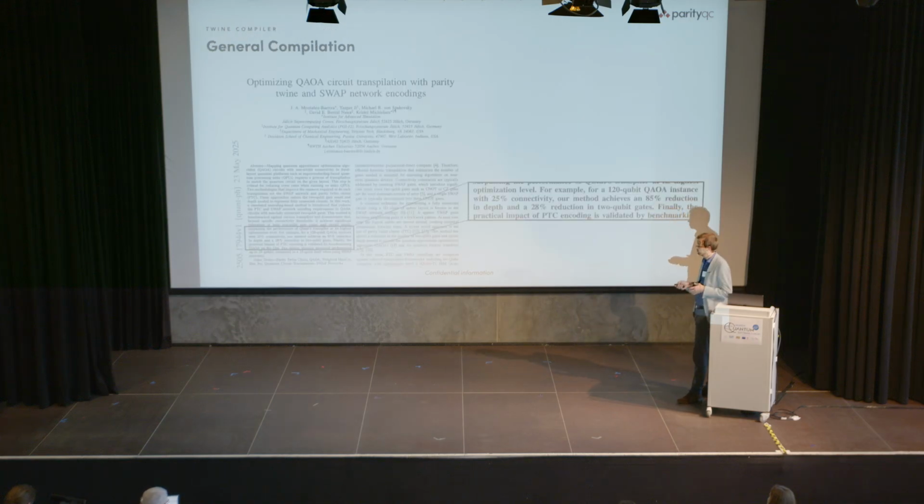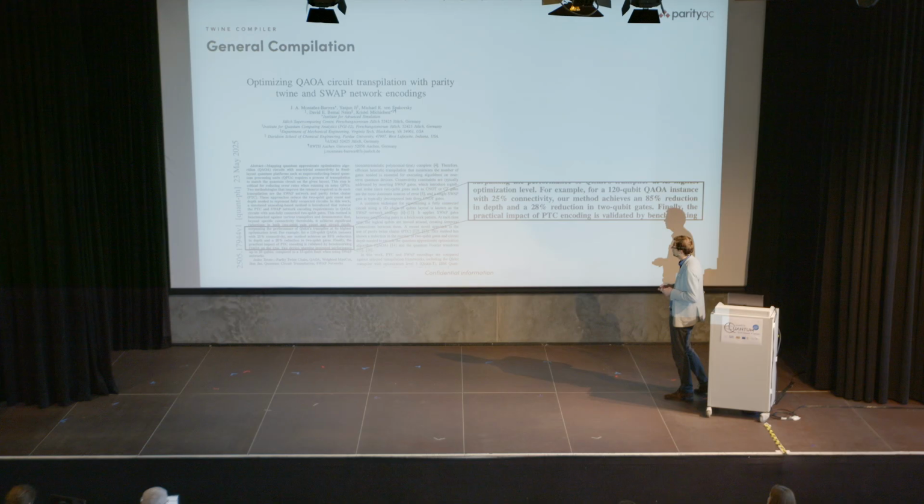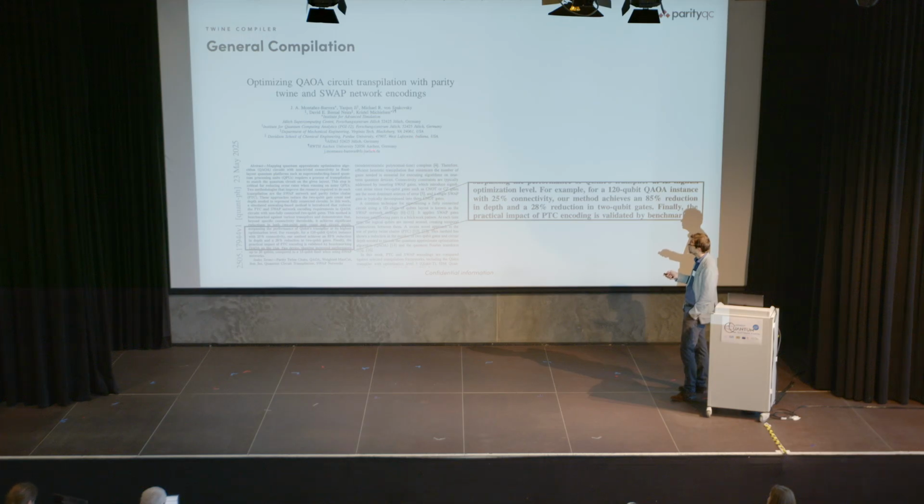As a last point, I would like to mention that what we've shown here was for rather specific examples. What people at FZ Jülich did was they've taken their compiler and they've added these Parity Twines to the compiler. And so this was done in May. I think our paper came out beginning of the year, so in a few months this was already possible.